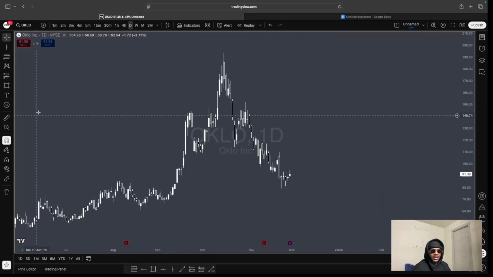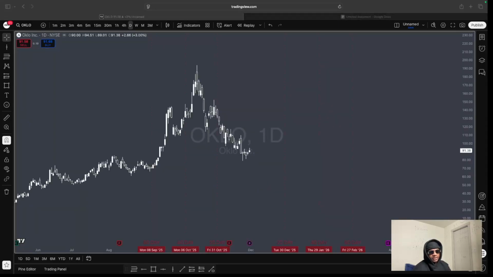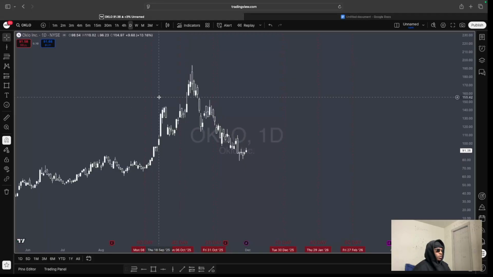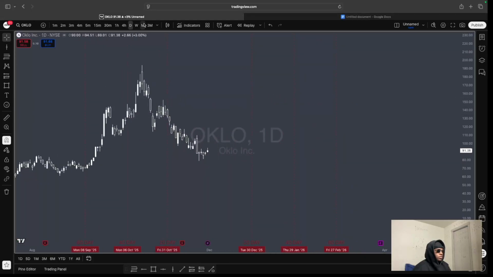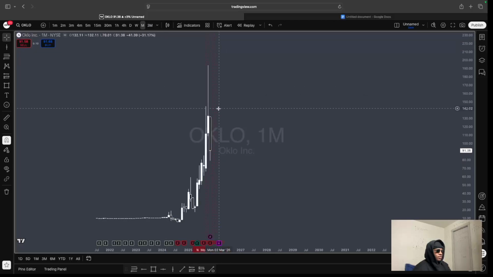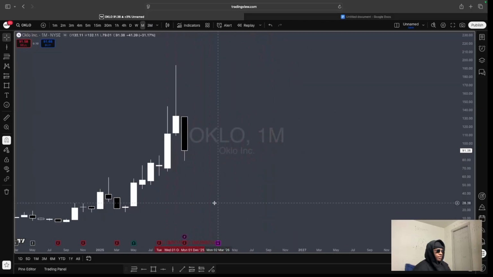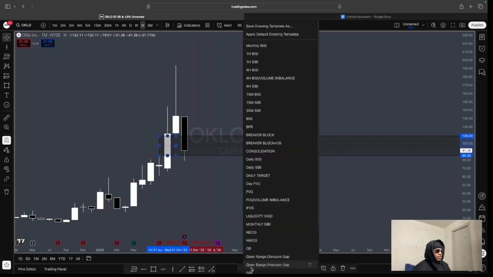Oklo. OKLO. All right, now I got the look back and look forwards for Oklo. Let's go to this monthly. Glance at the monthly. It's currently in a monthly fair value gap right now, buy side imbalance, sell side inefficiency. Sheesh.